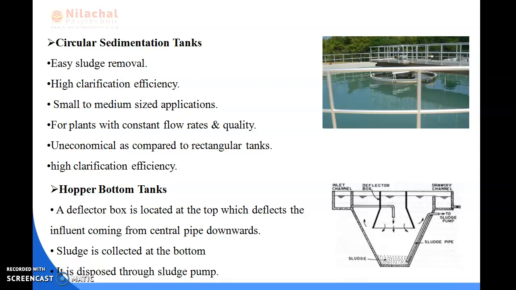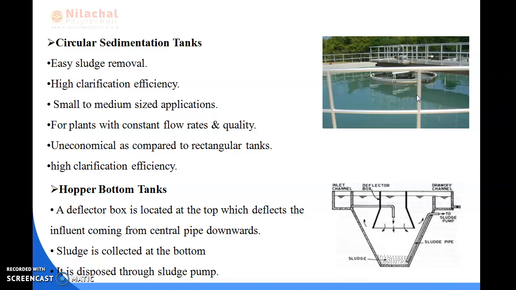These tanks are not generally used for plain sedimentation. Circular sedimentation tanks are mainly used in sedimentation with coagulation. So you can see here the diagram of the circular sedimentation tank.